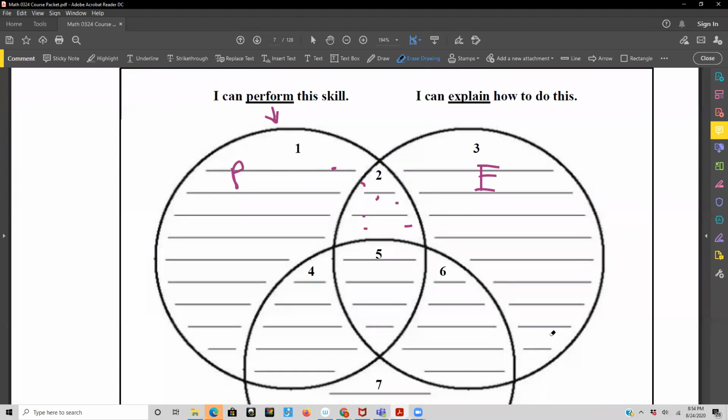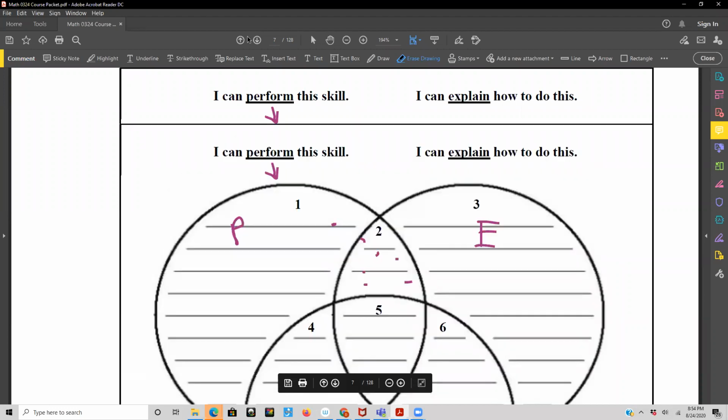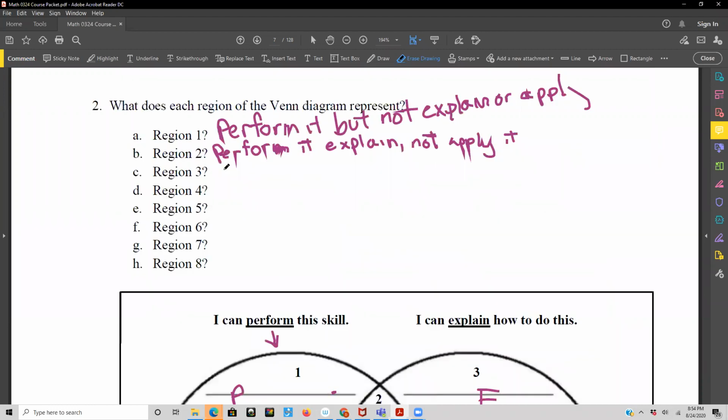So region 3 is just this region right here, and it just means I can only explain it. I can't perform it and I can't apply it. So let's say it this way: only explain it. Can't perform it, can't apply it.